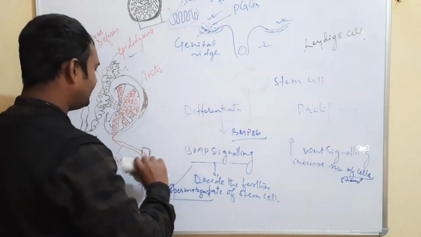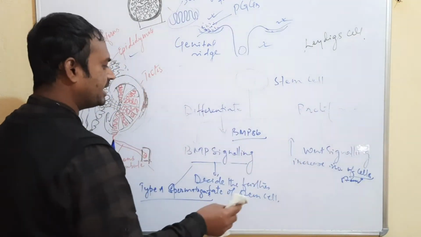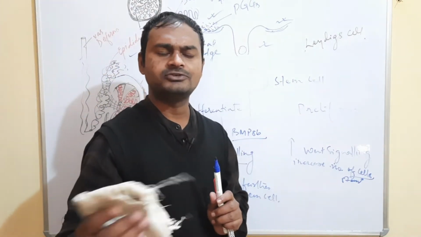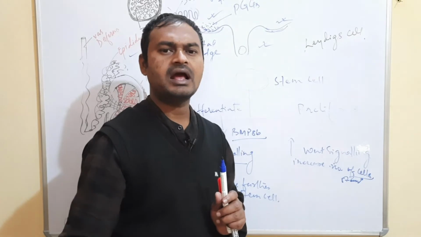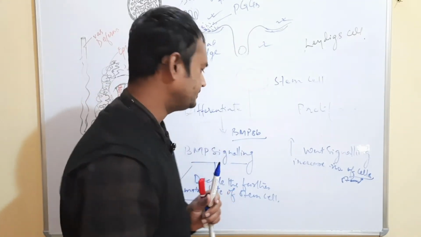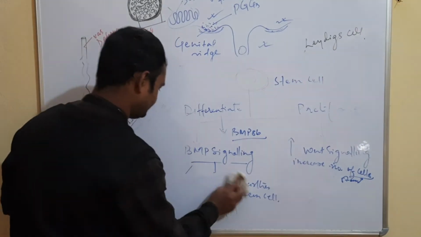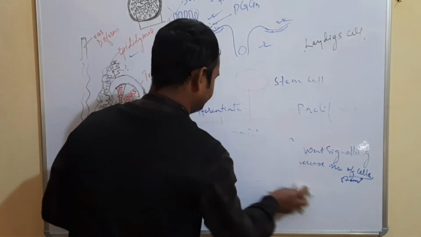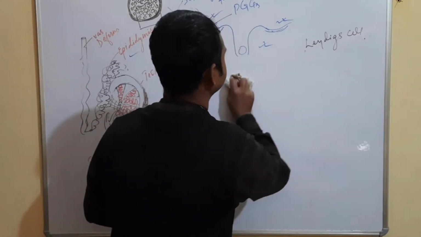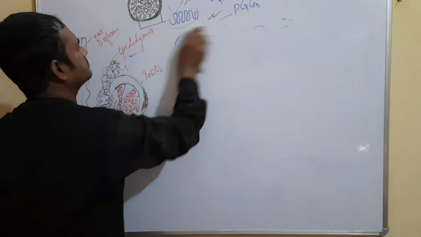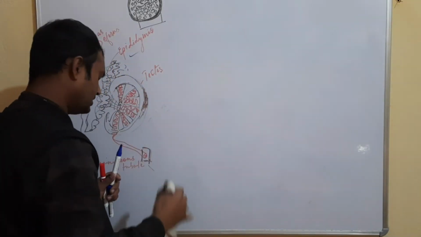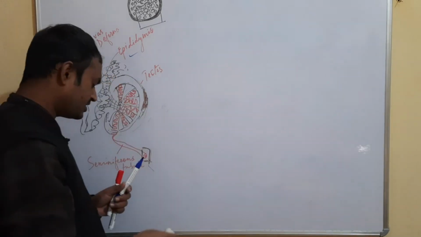Up to this point, it is clear that BMP signaling and WNT signaling are the key factors for the differentiation and proliferation of the stem cells. Now, let us move to another section.